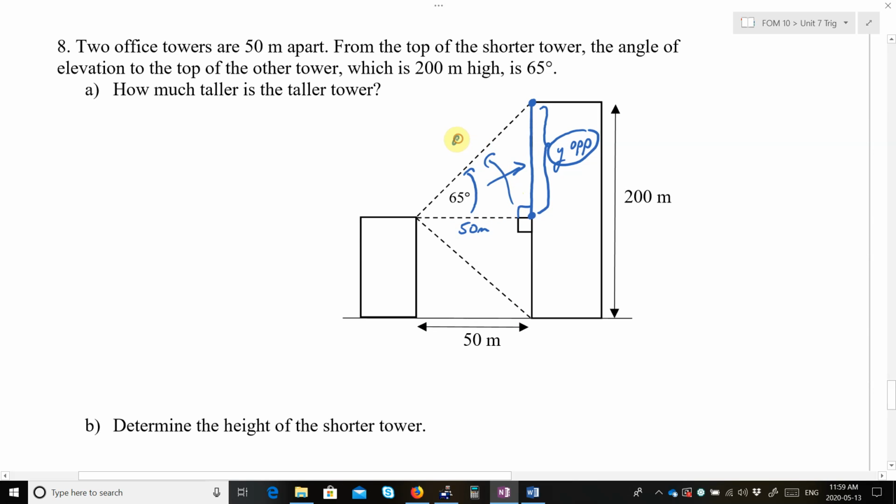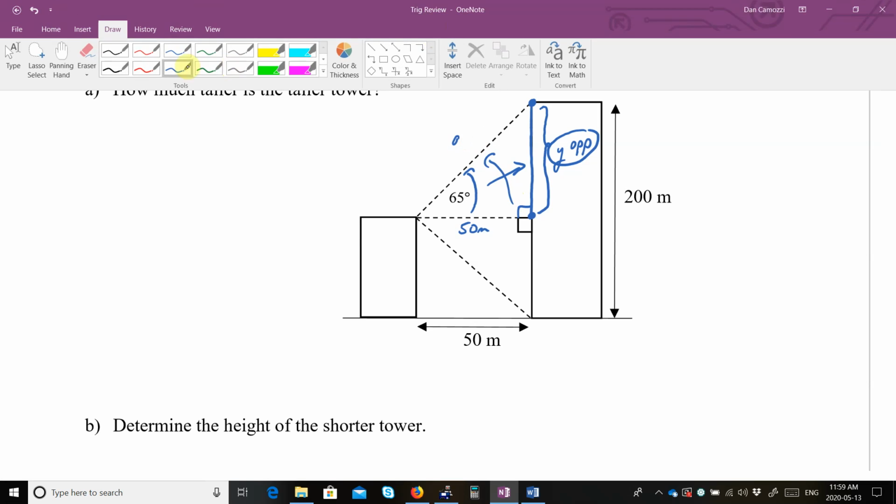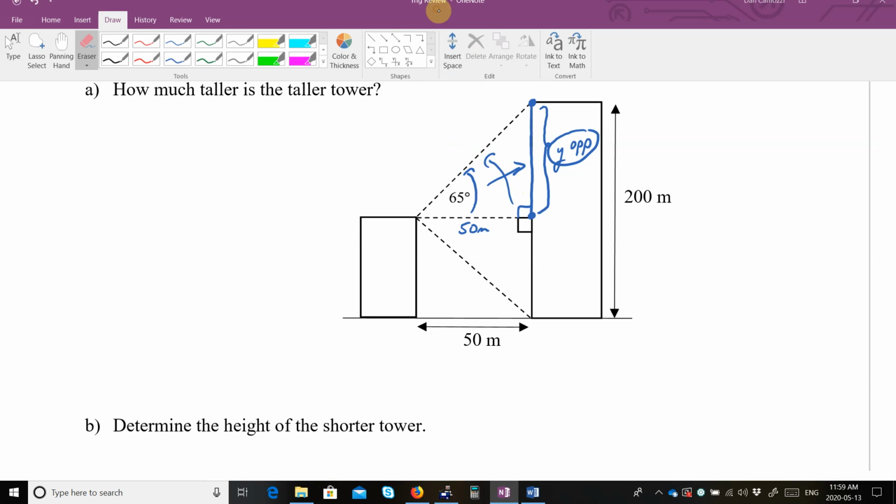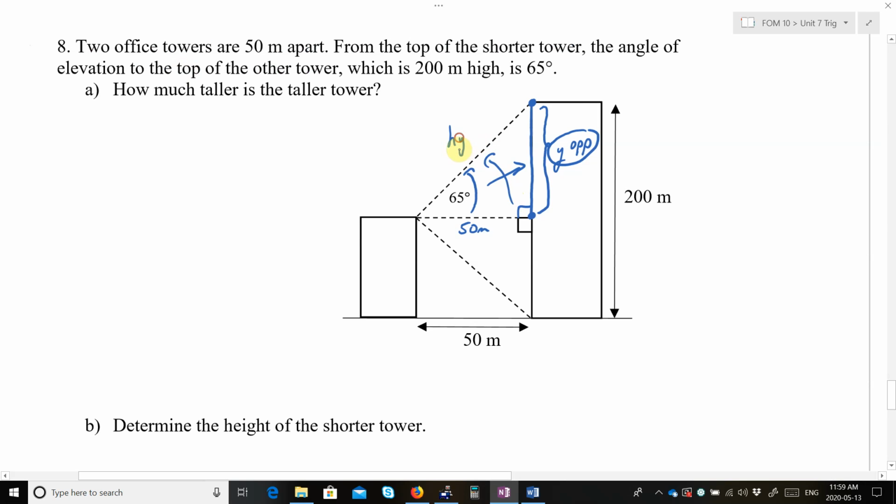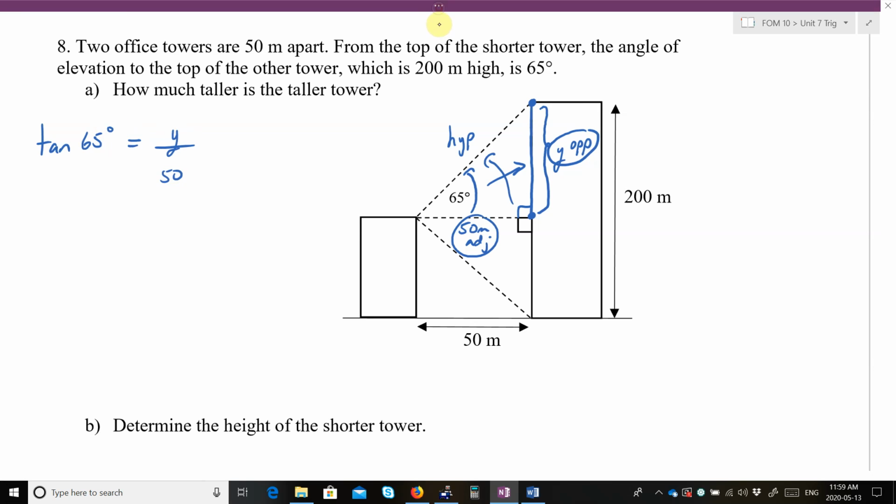Across from the 90 is the hypotenuse. Okay, so this 50 must be the adjacent side. So we're working with opposite and adjacent, so that's going to be tan. Tan of 65 degrees equals opposite y divided by adjacent 50.